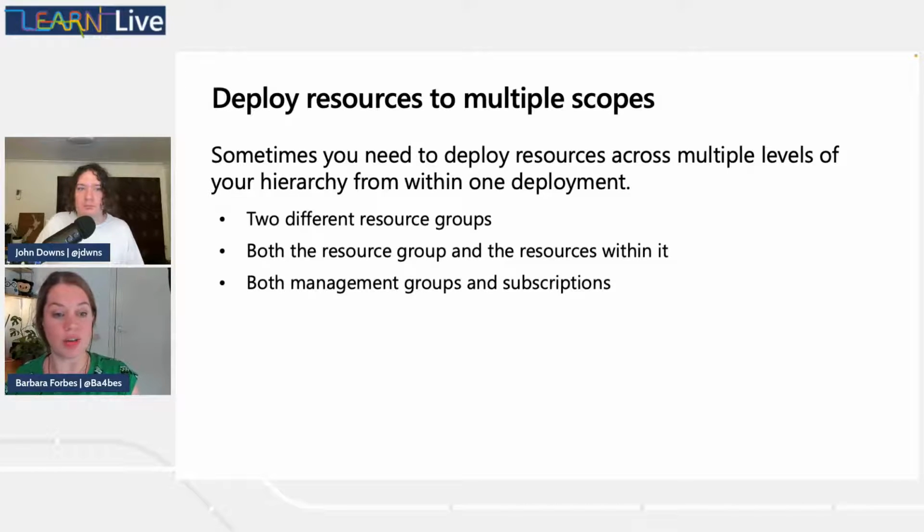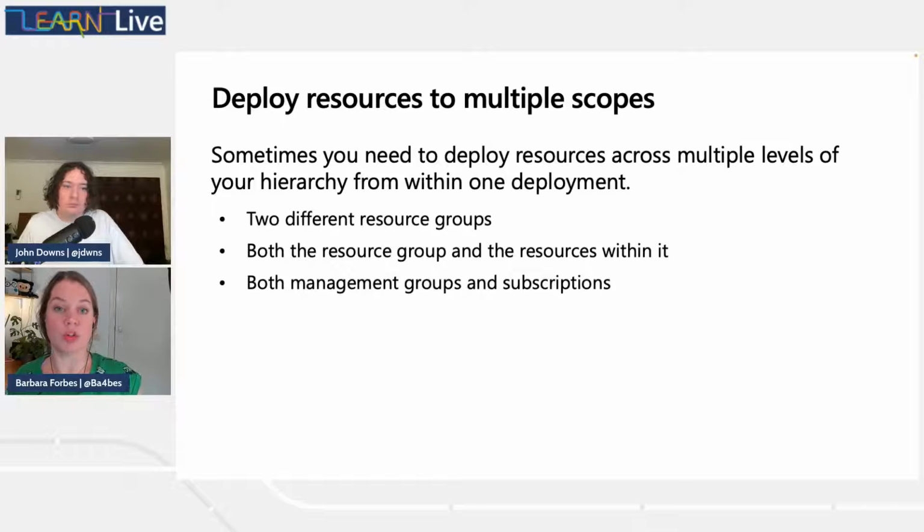So some use cases you could think of is, for example, if you want to deploy stuff to 2 different resource groups in one template. That could be because you're deploying a virtual machine in one resource group and a NIC, a network interface card, in another one because it needs to be part of a virtual network, for example.